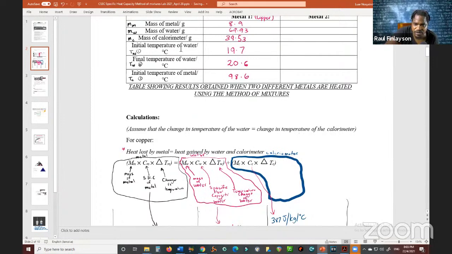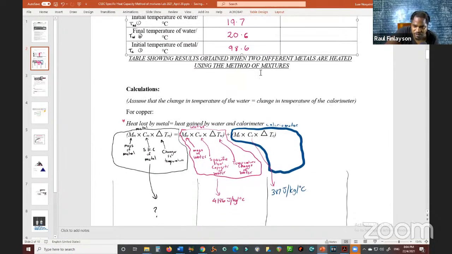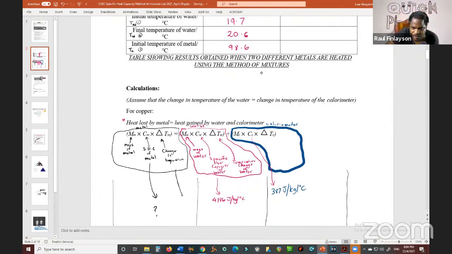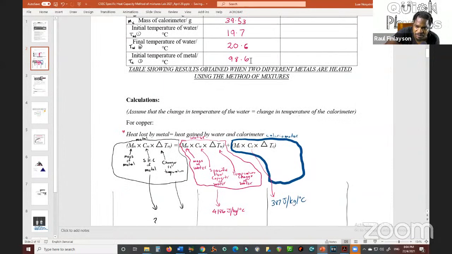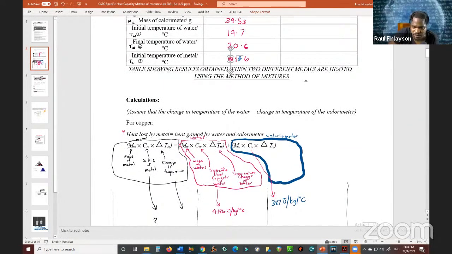All right. So remember now for the metal, let's put the temperature change here, guys. Temperature change. If we go to the metal, initial temperature of the metal was what? It's 98.6. All right, 98.6.